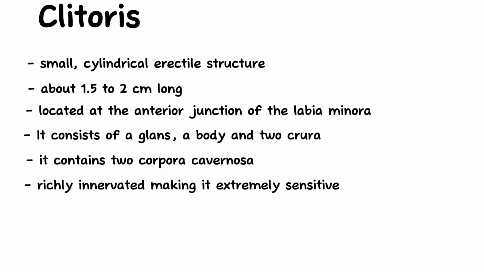The glans is covered by squamous epithelium. Its vascular connections to the vestibular bulb make it vulnerable to injury during childbirth. Developmentally, the clitoris is homologous to the male penis, although unlike the penis, it is entirely separate from the urethra.